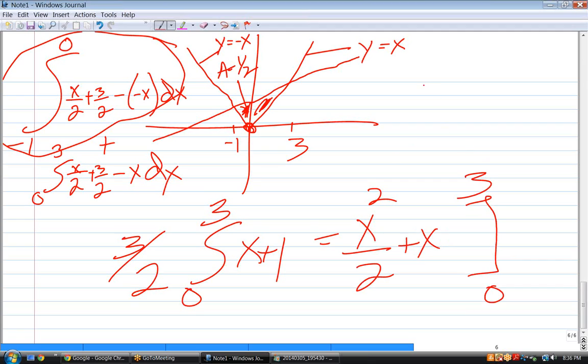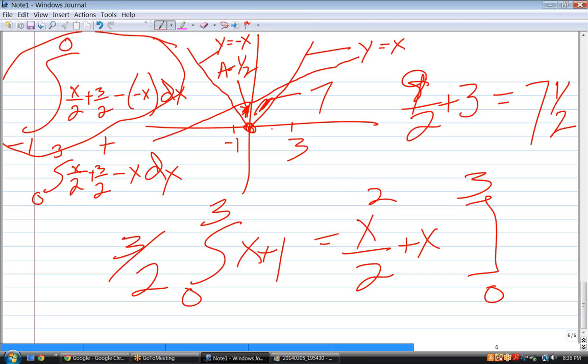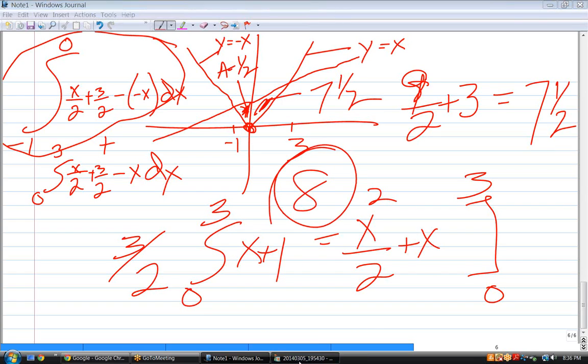And this is going to be 8 halves plus 3, 7. Maybe 9. Well, I get 7. How do you get 9? I get 9 halves and plug in a 3? Yes, excuse me. 9 halves plus 3, that's 7.5. 7.5 plus a half is 8. Is that answer on there?